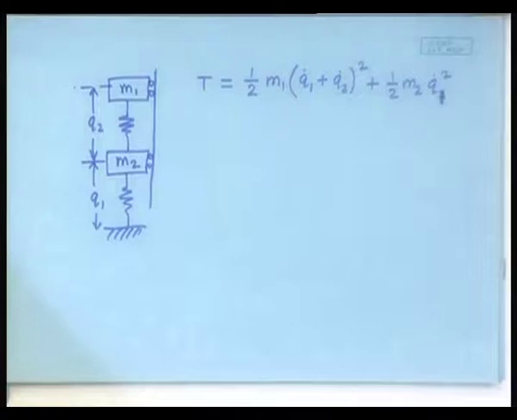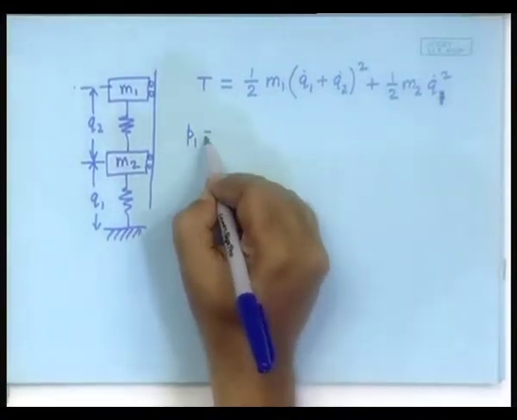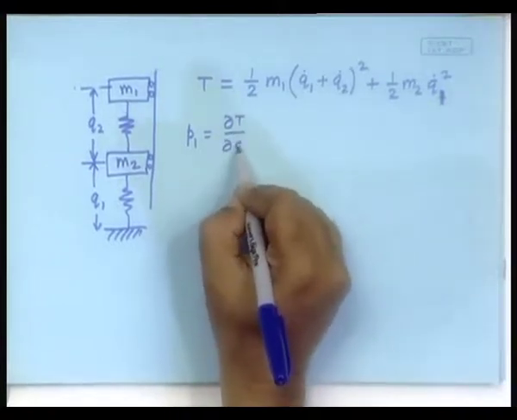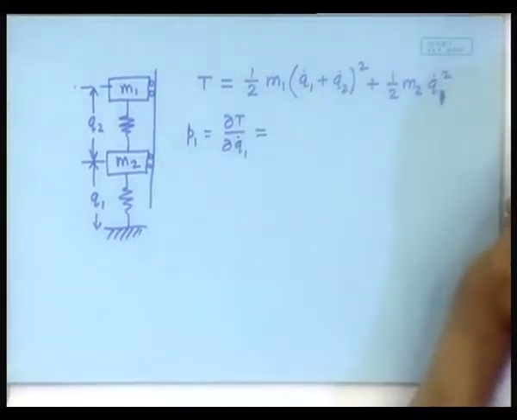So, in that case your P1, which is the derivative of the kinetic energy with respect to Q1 dot, will be, do that, what do you have?